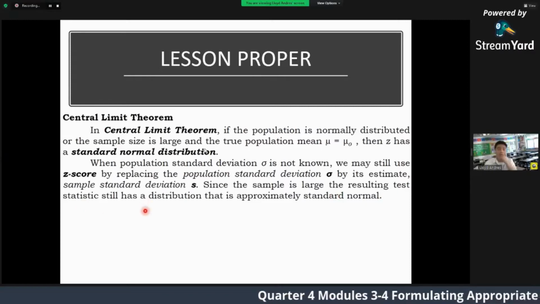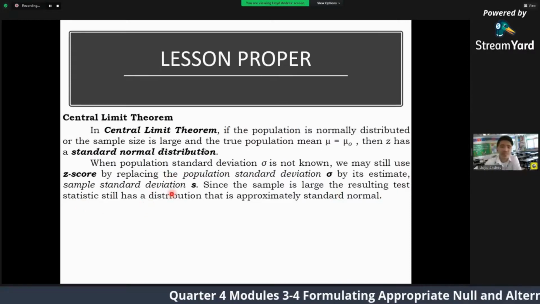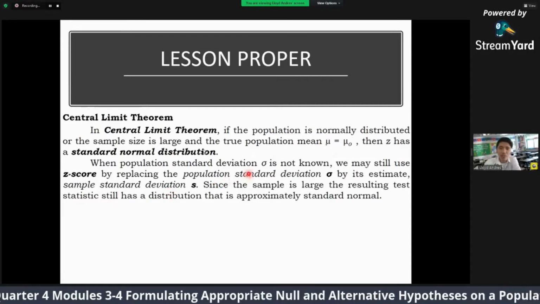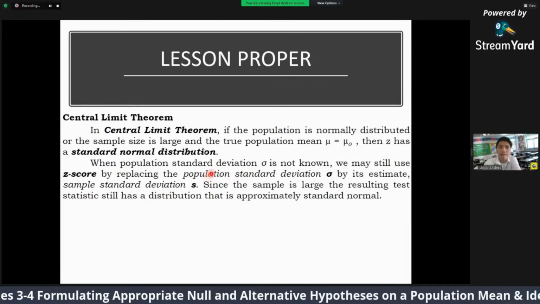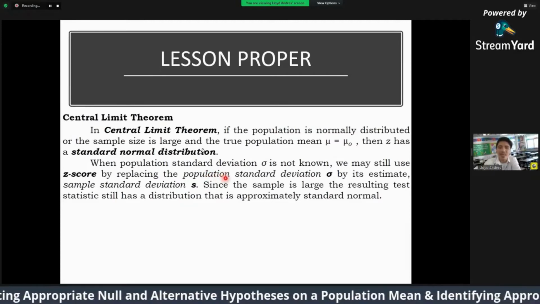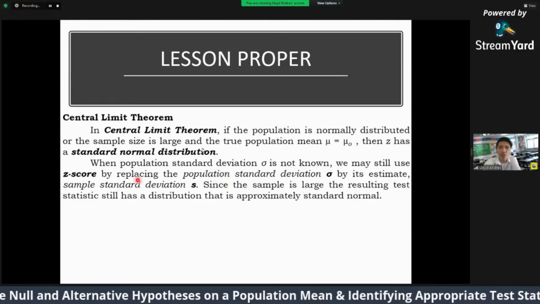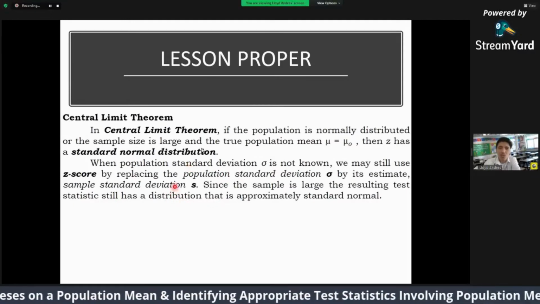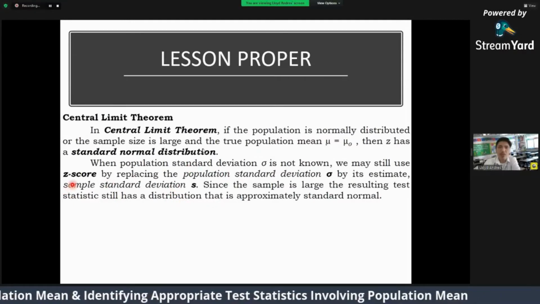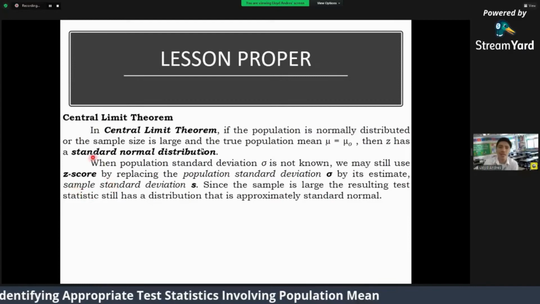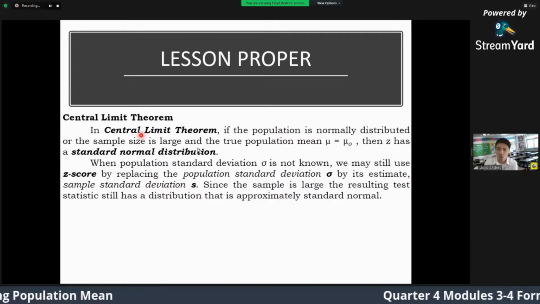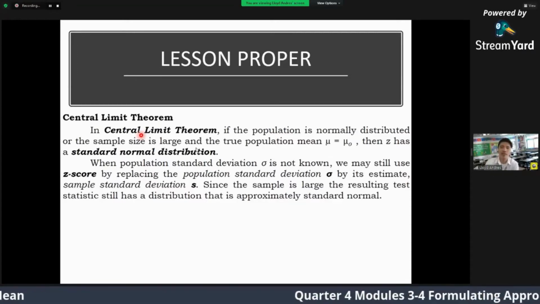Bottom line, kung unknown imong sample standard deviation, pero greater than or equal to 30 imong sample, then you can still use z-score by virtue of the central limit theorem. Kay usually gamiton si z-test kung known si population standard deviation.